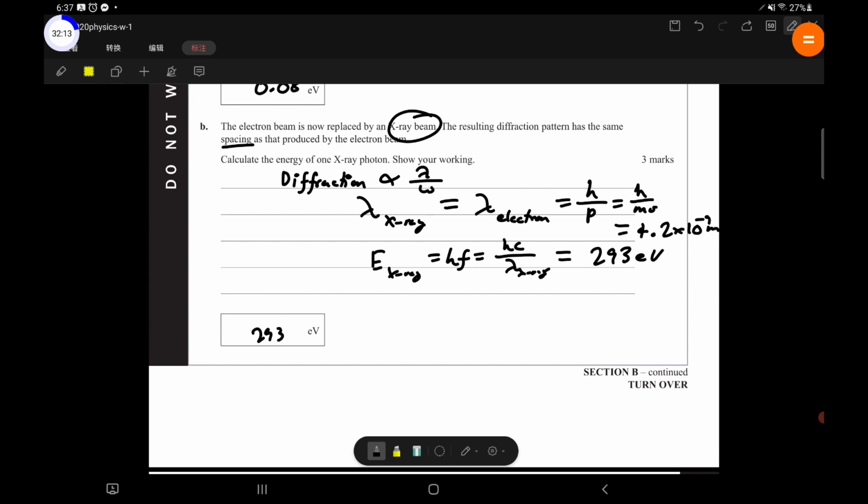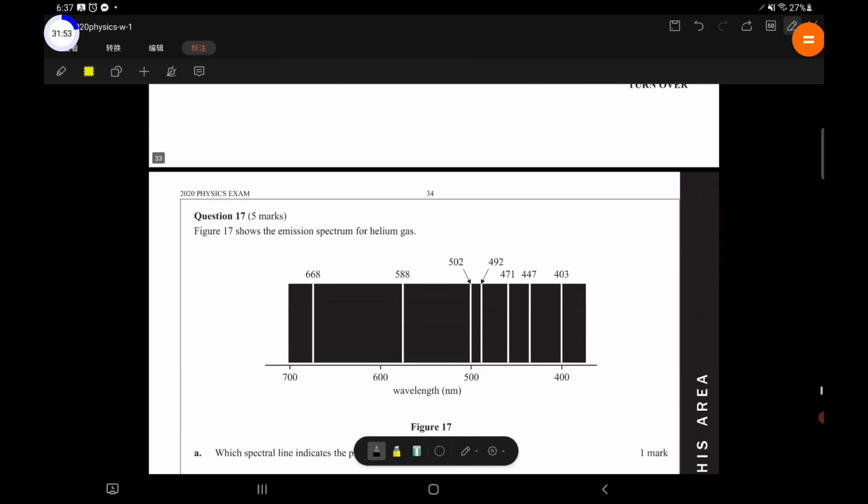Right, so using the same procedure as I've talked about earlier, going from known to unknown. So we know the connection between the X-rays and the electrons. Their wavelengths are the exact same. I know the wavelength of the X-ray now, and if I know the wavelength, I also know the energy. So that's how we can work through this.